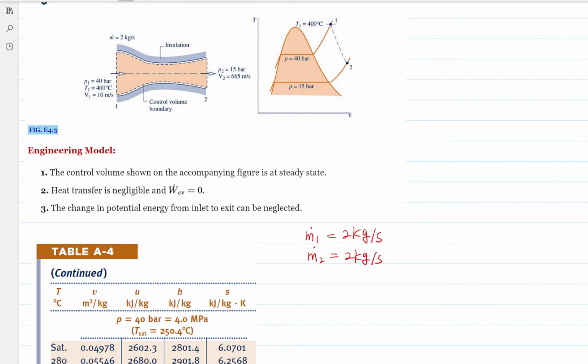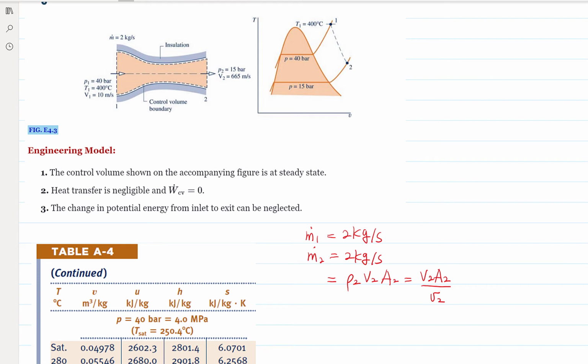The mass flow rate can be expressed as density at the exit times velocity at the exit times area at the exit, or this equals volumetric flow rate divided by specific volume at the exit.